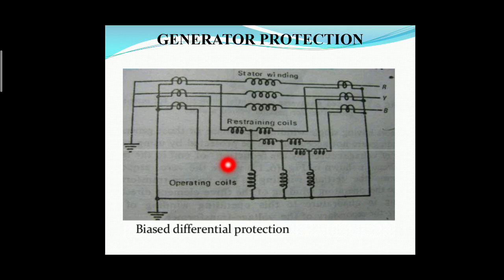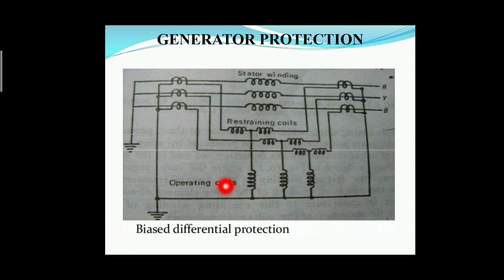During internal faults in the winding of the stator, the torque produced by the restraining coil is ineffective. Then the relay closes its contact when the setting current flows through the relay coil.